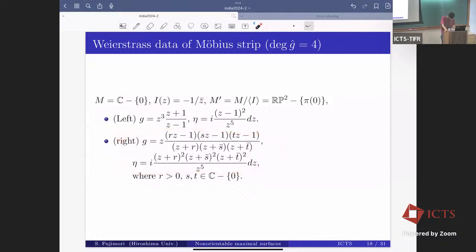Here we have 3 parameters, R, S, and T. R is a positive real, and S and T are complex. So we have real 5 dimensions, but R, S, and T satisfy 3 real equations. So finally, we have a 2-parameter family of surfaces. Okay. So this is the non-orientable maximal Möbius strip.